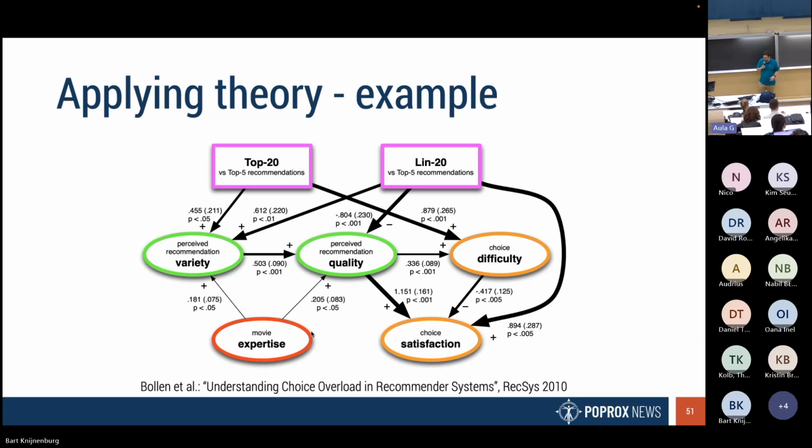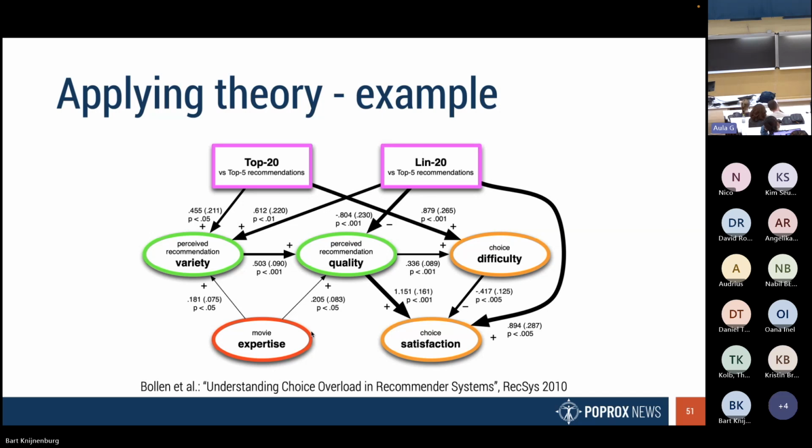Why would you measure this? Because in the end, this ended up being a starting point of a lot of research about how do we increase the variety of the recommendations, which increases the quality, without increasing choice difficulty. And the trick was to find a way to do top 5 recommendations that actually have a high variety, because top 5, like you see here, top 20 actually has a really high choice difficulty.